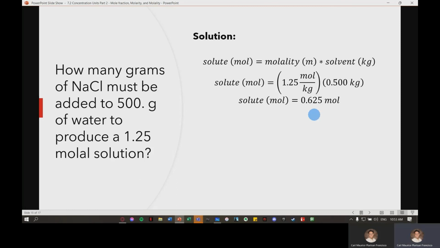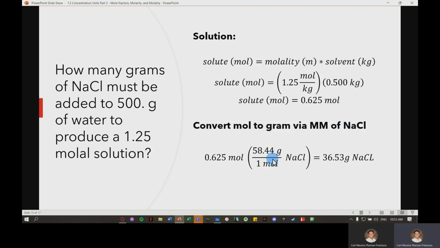Now, since we need grams, not moles, we need to convert 0.625 moles into unit gram. Convert mole to gram via the molar mass of sodium chloride, 58.44. The final answer is 36.5 grams of sodium chloride.